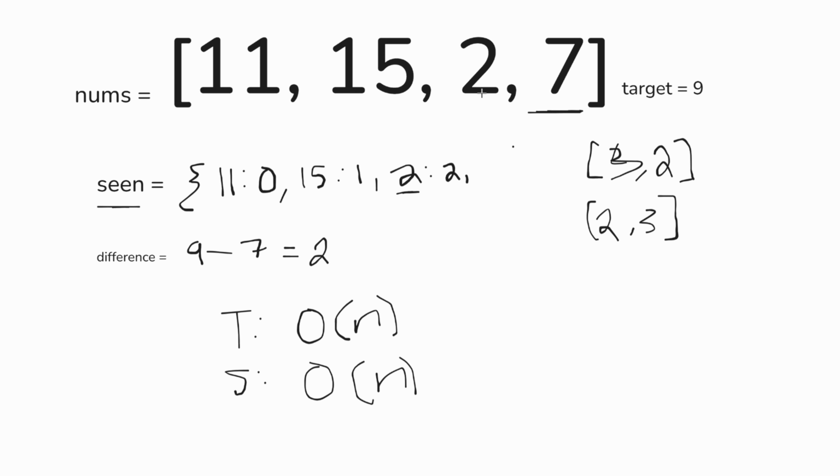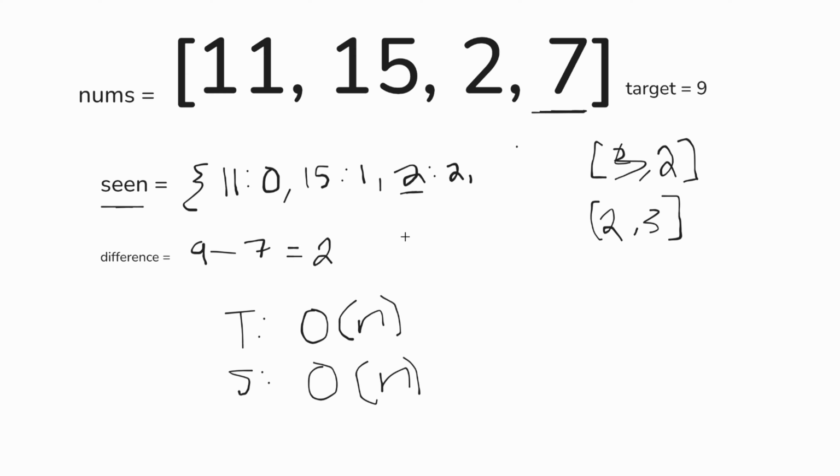Perhaps we might hold all of the elements as we're walking through our example, but this is a good trade-off. Even though we go up in space, we get a lot quicker in time, and your interviewers are going to be looking for this solution. So now we're going to walk into the code and I'll show you how to code up this solution.